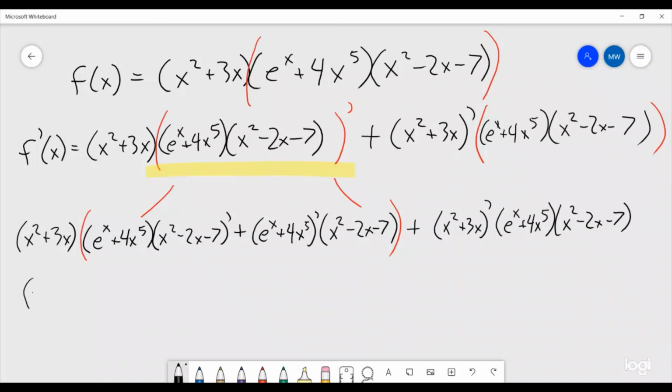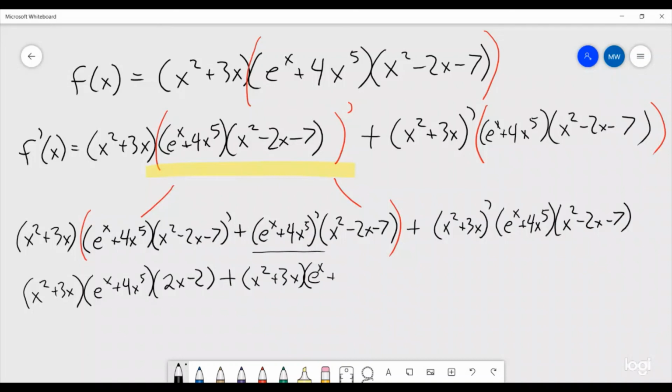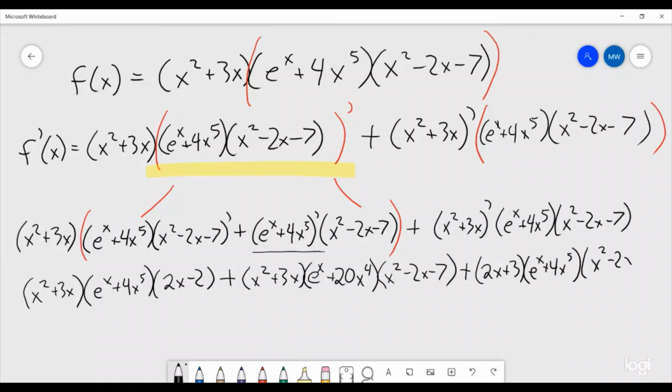So we're going to get x squared plus 3x times e to the x plus 4x to the fifth times 2x minus 2, plus x squared plus 3x times the derivative of e to the x plus 4x to the fifth, so that's an e to the x plus 20x to the fourth, times x squared minus 2x minus 7, plus derivative of x squared plus 3x, that is 2x plus 3, times e to the x plus 4x to the fifth, times x squared minus 2x minus 7.